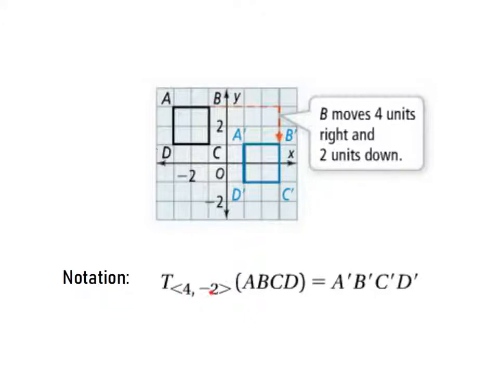So it's kind of like an X and a Y. So I'm going to translate 4 units right, 2 units down, this pre-image ABCD, and it's going to map to what we would call A prime, B prime, C prime, D prime. Looking up here, you can see this is the pre-image, and let's just grab point B. It moved 1, 2, 3, 4 units right, 1, 2, 2 units down. So that's what B did, as did every other point, all mapped the same.